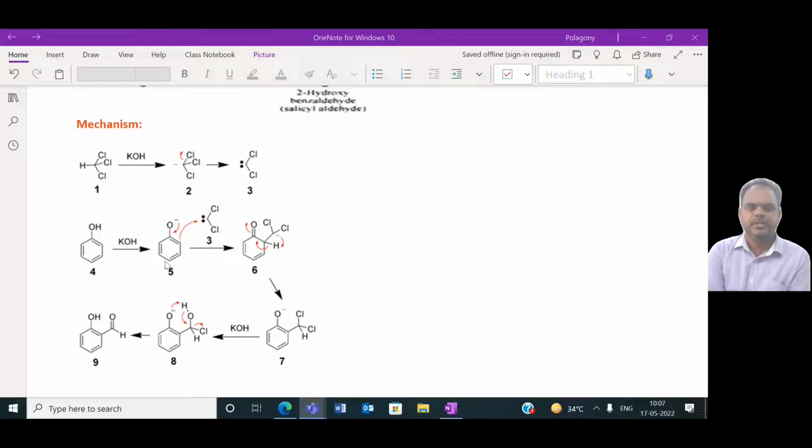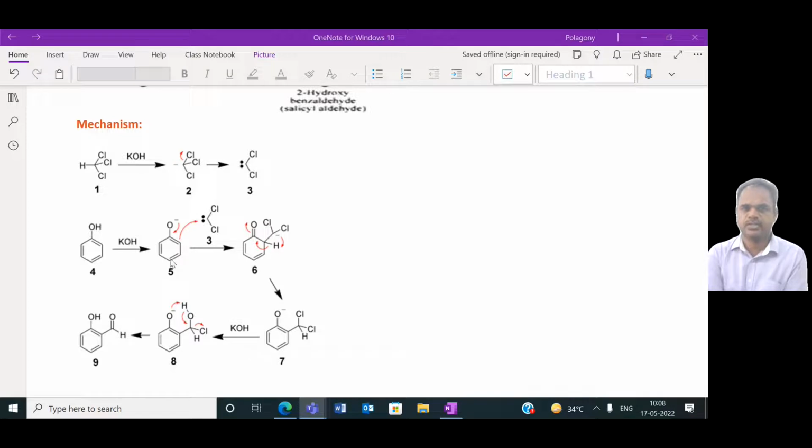When the phenol is mixed with the aqueous solution of potassium hydroxide, it is converted to sodium phenoxide or potassium phenoxide, depending on the base. The potassium hydroxide makes the phenol a strong nucleophile, and potassium phenoxide is formed.